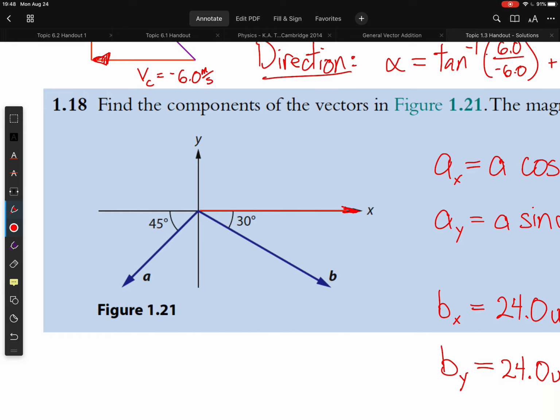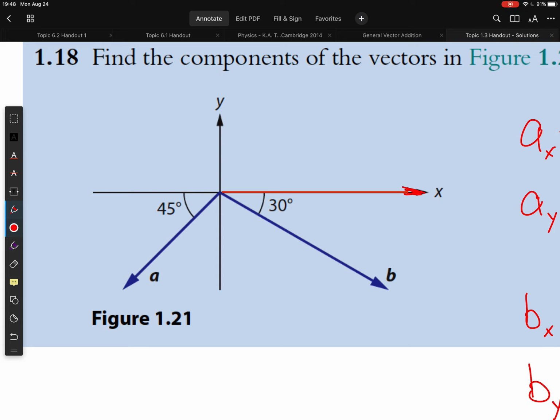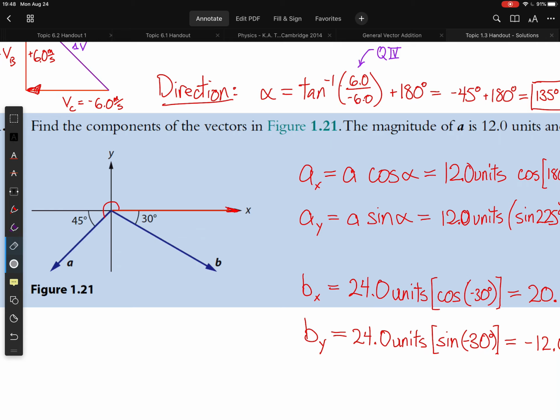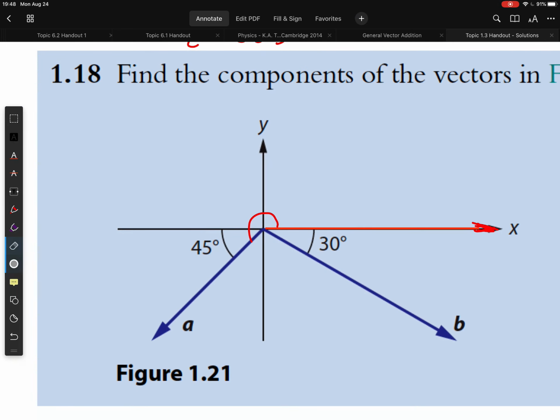Okay, so if you're given these values, we have to make some changes quickly to make this all work out in your calculator. So for A, I probably used alpha over there. I did. Good job, me. So alpha is going to be equal to 180 plus 45, which is 225 degrees.